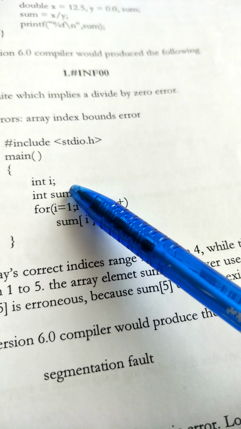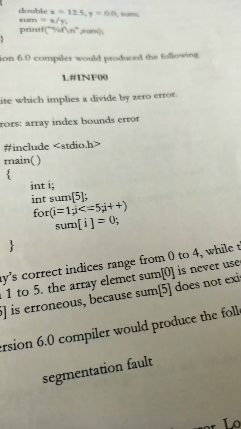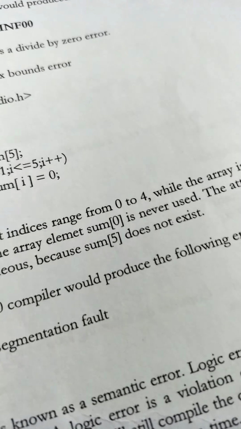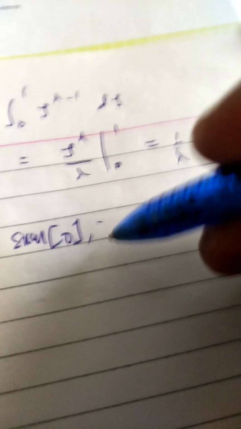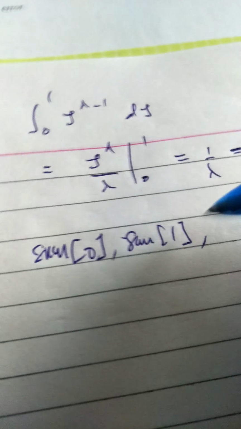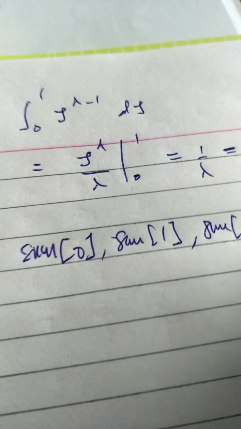So in this case, if we define an array like this, the index begins with 0, so sum 0, sum 1, sum 2, sum 3, sum 4.